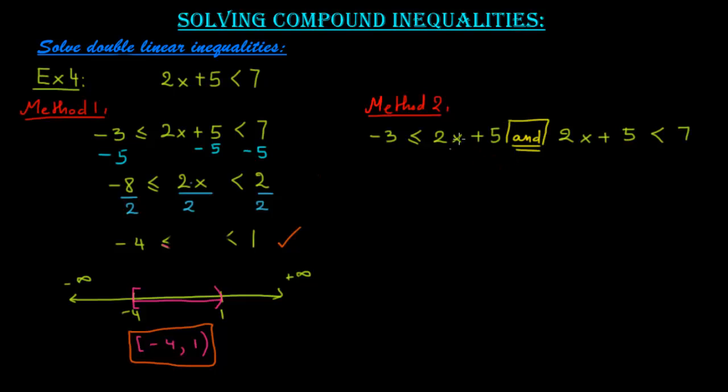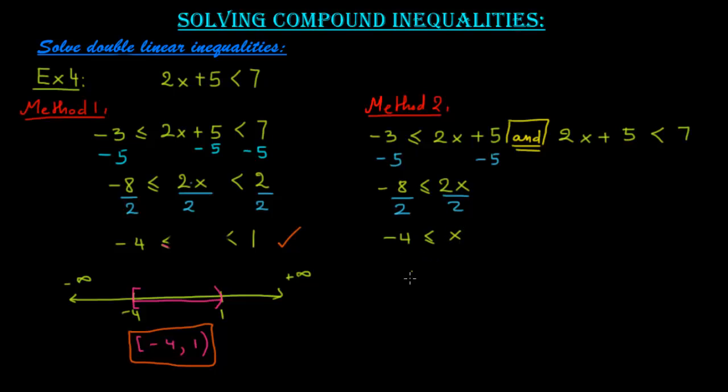Now we will solve each of them. For the left inequality, we're going to isolate the x by moving 5 over, subtracting 5 on both sides. That will give me -8 less than or equal to 2x. Then we divide both sides by 2. That will give me -4 less than or equal to x.